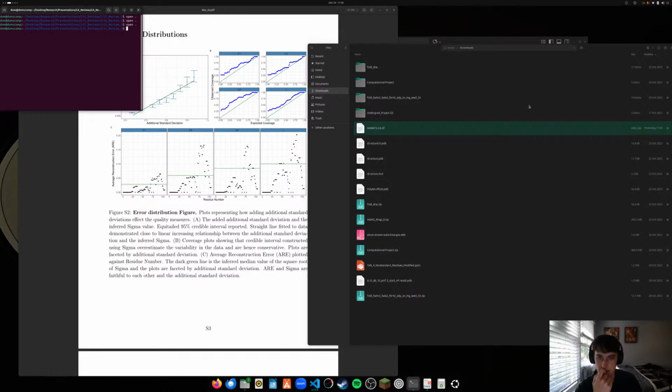This one's using Bayesian Monte Carlo, which I just learned about. All right, let's go back and see what else is there. Context.